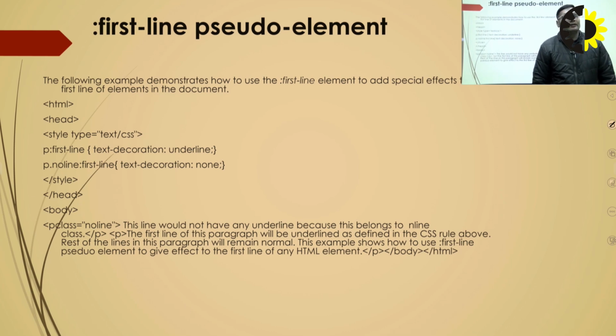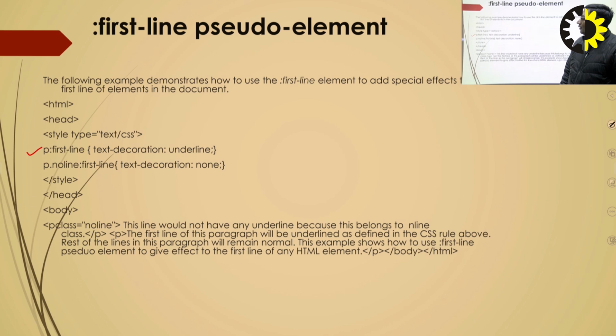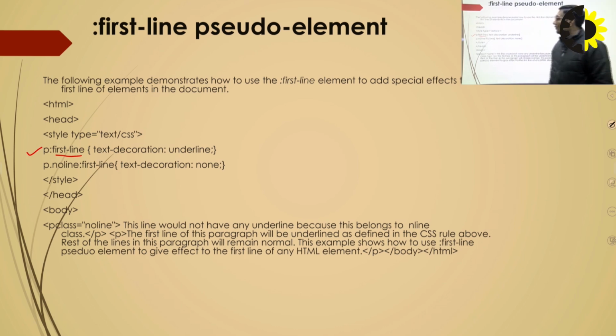So let's see an example of the first line pseudo element. Here in the code, we just write the selector. If my selector is paragraph, this p first line is a pseudo element, and for the property that I want to apply, we write property colon then its value.